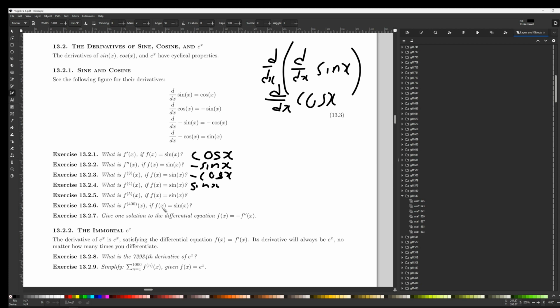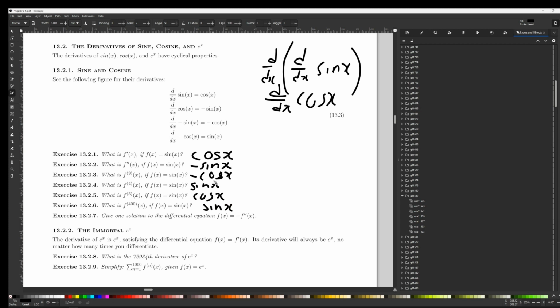They just end up where we started. So it's the first derivative of sine, which is cosine of x. For the 400th derivative, that's 4 times 100, so we're just going to have sine of x again. Because remember, if we were to do this 8 times, we would end back where we started. 12 times, we end up back where we started, and so on.